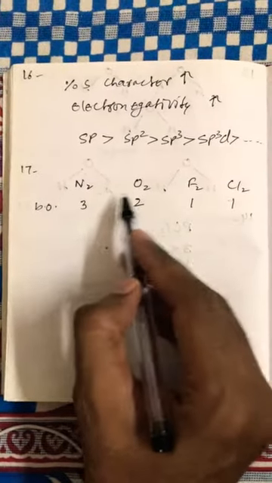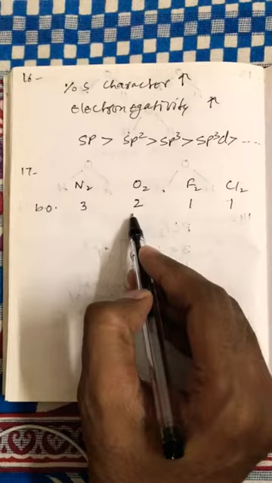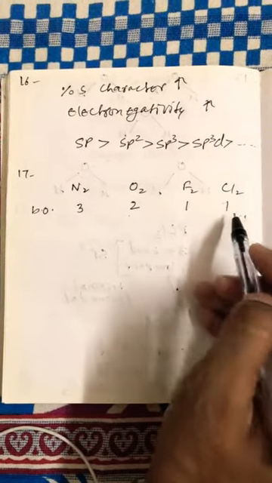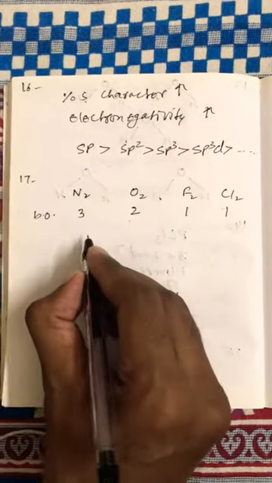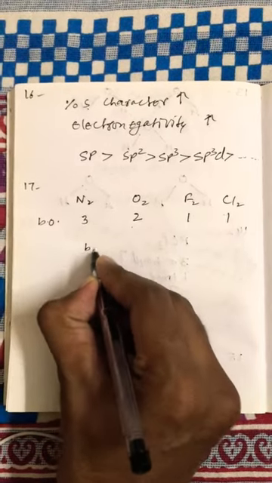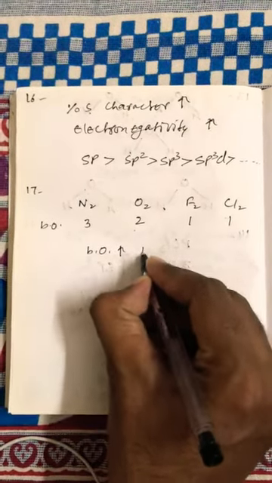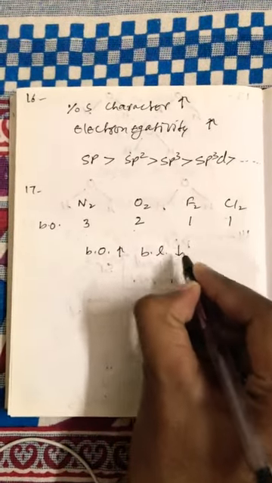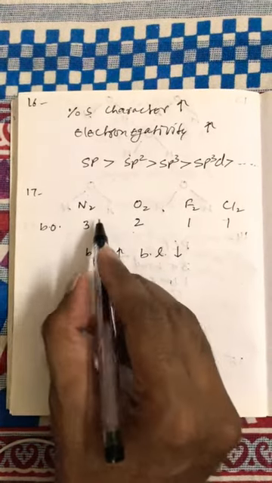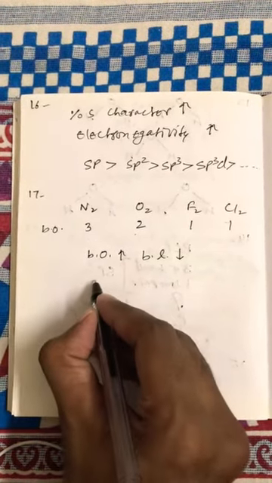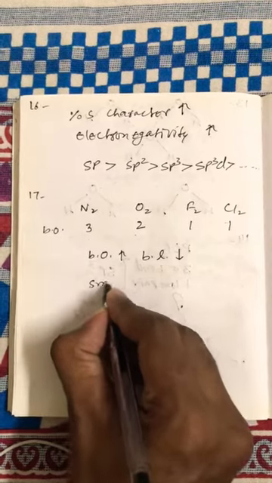Question number 17. So N2 has 3 bond order, O2 has 2 bond order, F2 and Cl2 has 1 bond order. Now as bond order increases, bond length decreases. So smallest bond length will be 4 and 2.